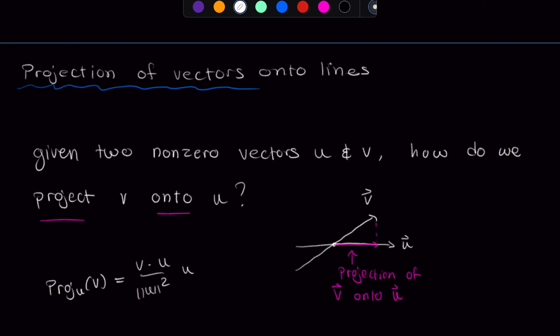And this is going to give us a new vector, right, which is the shadow that v projects onto u. Okay, so let's do some problems to help better understand it.